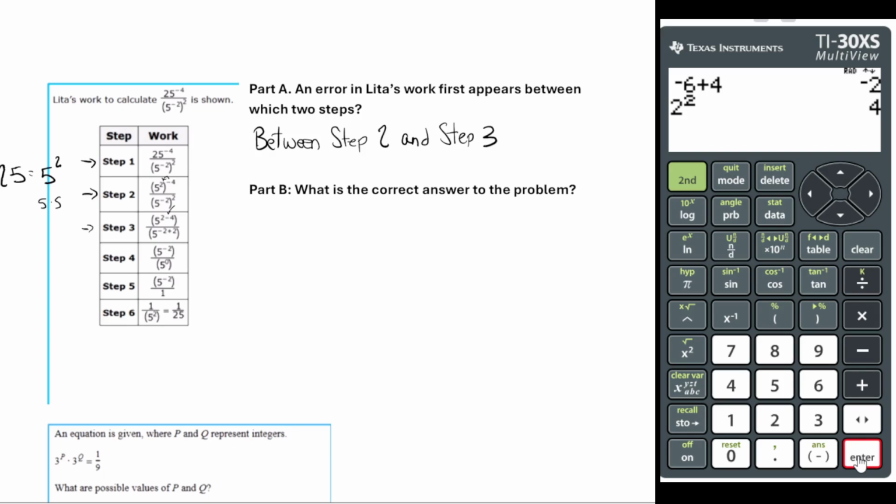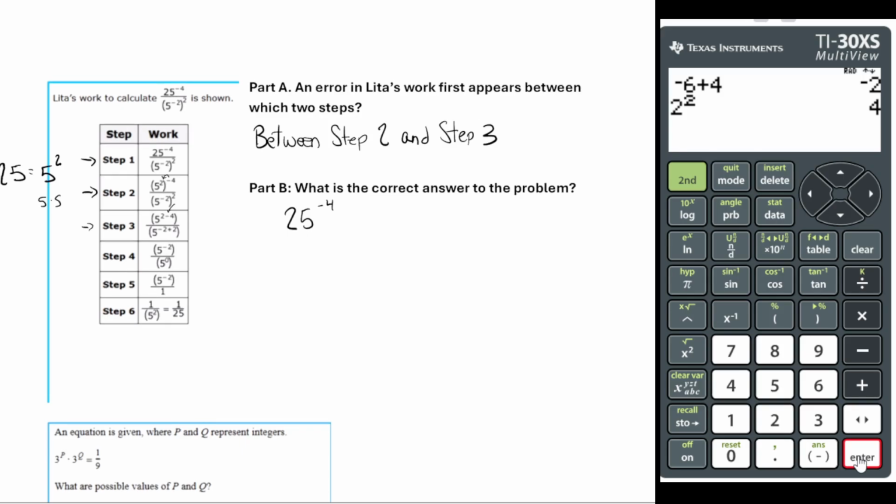What is the correct answer to the problem? All right, well, now let's work this out. 25 to the negative 4 divided by 5 to the negative 2 raised to the second. So we're still going to follow her first step of splitting 25 into 5 squared, because we can do that to get our like bases. Okay?